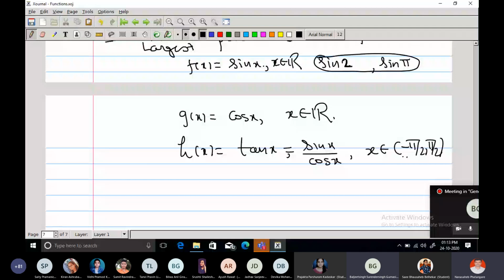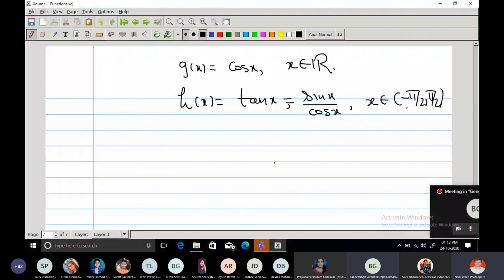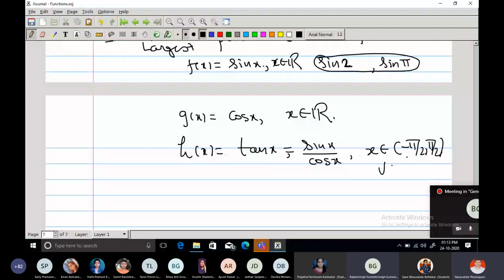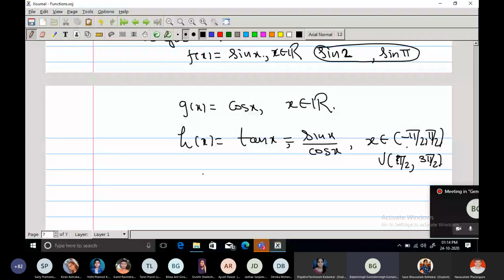Well, sir, it is defined ahead also, so you can have more intervals, union pi by 2 to 3 pi by 2. Yes, we have to just exclude the odd multiples of pi by 2.